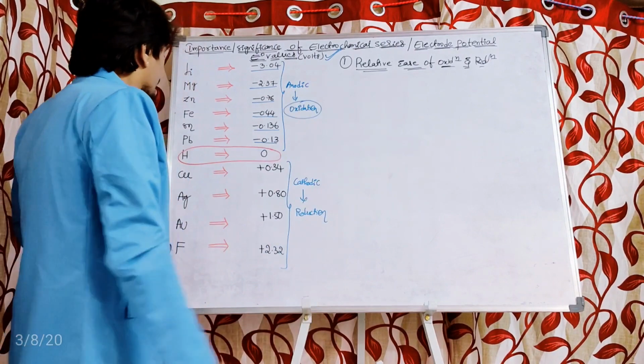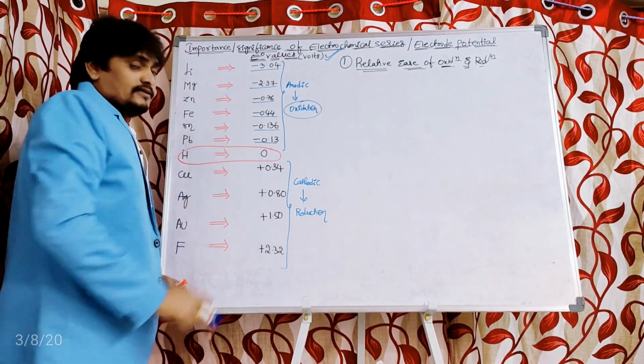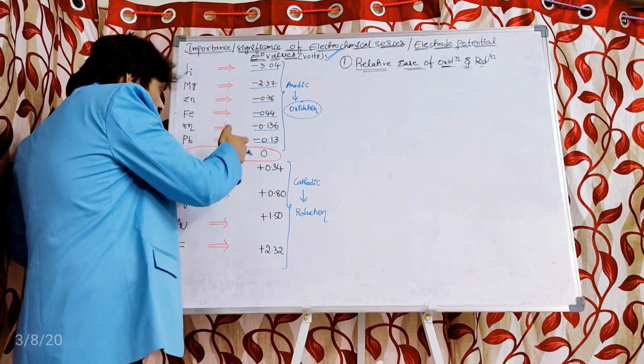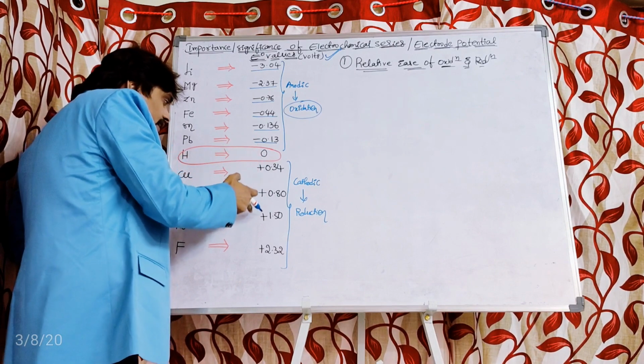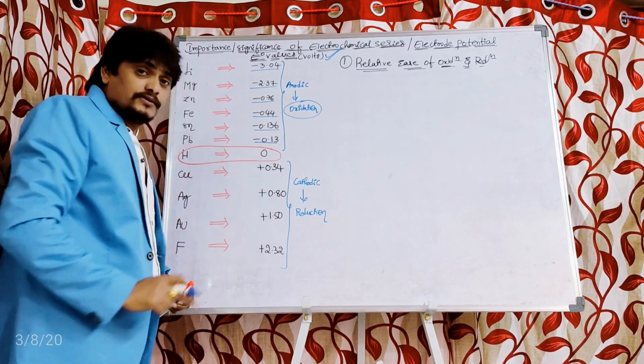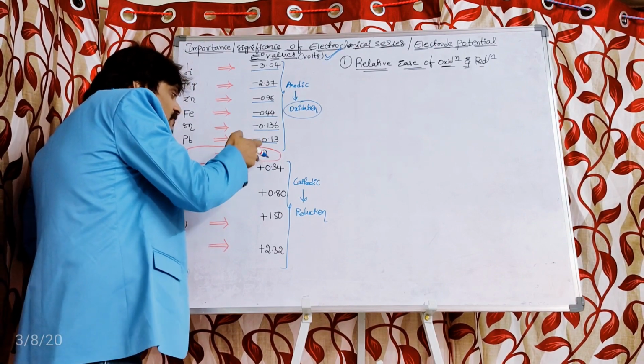Now coming to the electrodes which are below the hydrogen in the electrochemical series. They are associated with positive standard reduction potential values.